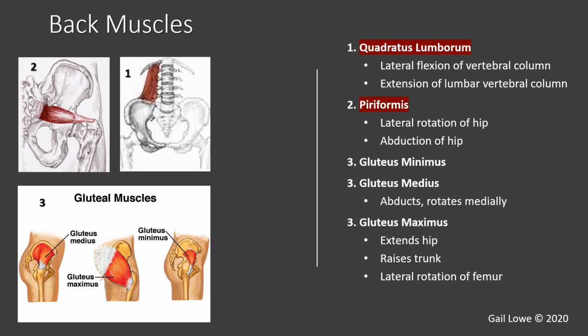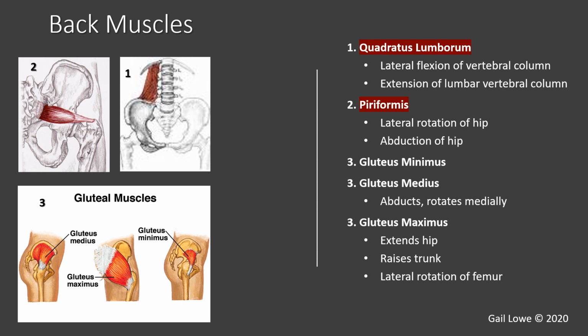And it raises the trunk as you're getting out of a chair. And it also does this lateral rotation of the femur. Just out of interest, anybody who drives an automatic car tends to have problems with their lower back, because that action of the right leg going onto the pedals and off again when the left leg is not doing anything tends to mean that long term the right leg muscles will get bigger than the left.